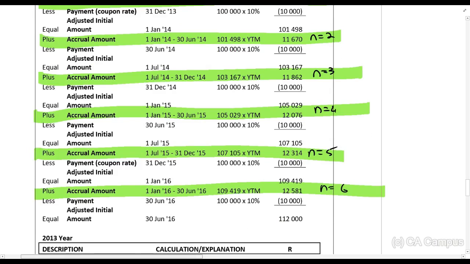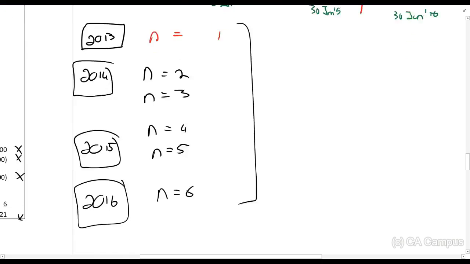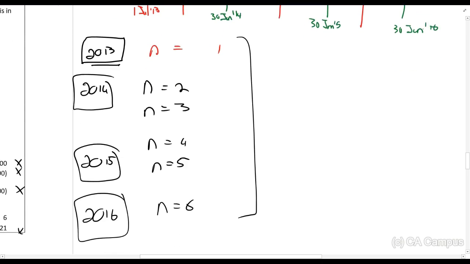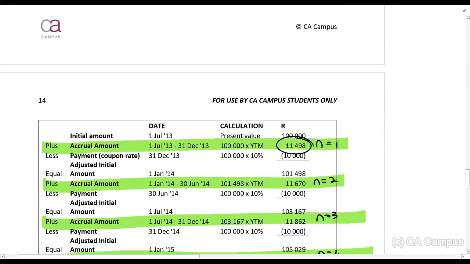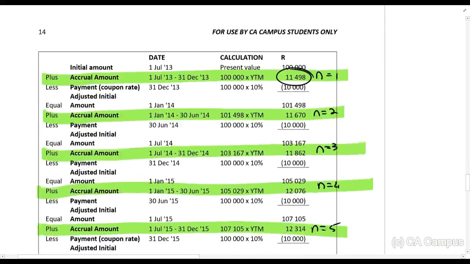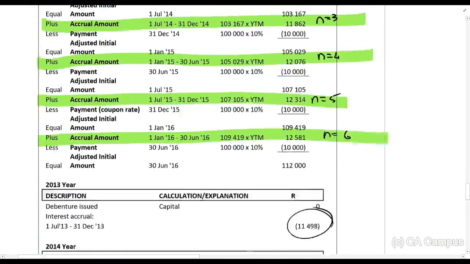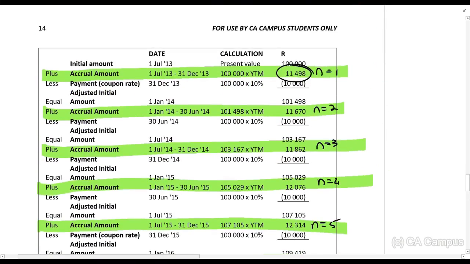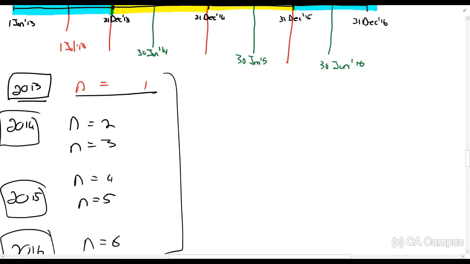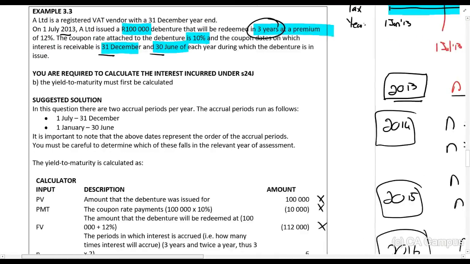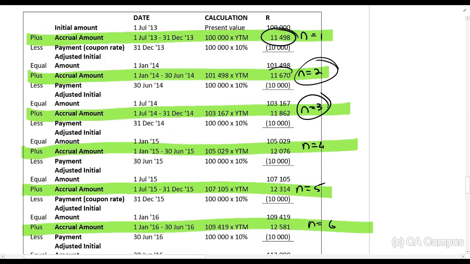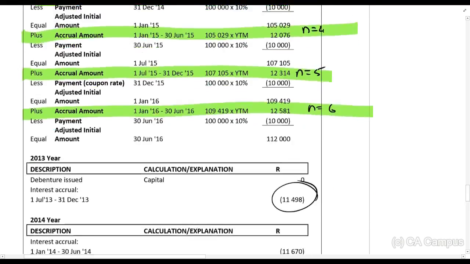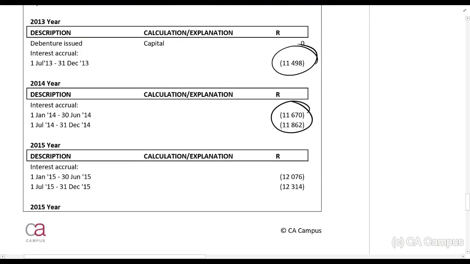So now, based on what we discussed, what goes into it, you just populate it. So 2013, we only have accrual period 1, 11498. Alright, tax year 2014 has N2 and N3 in it. So N2 and N3, 11670, 11862. There we go. And so on, until the end of the question.